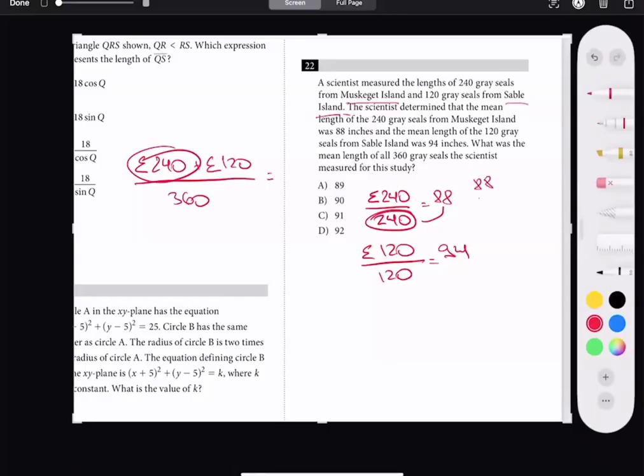So 88 times 240. Can you tell me so I avoid doing all this calculation? 240 times 88 is 21,120, and 120 times 94 is 11,280.